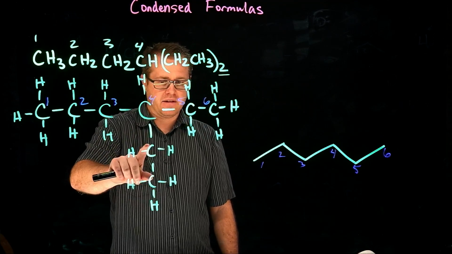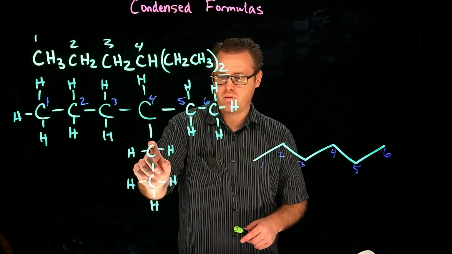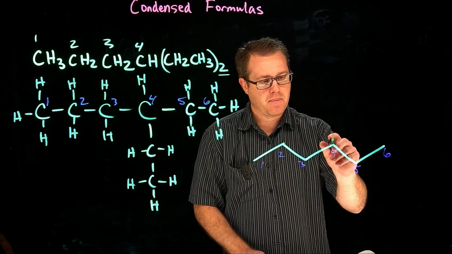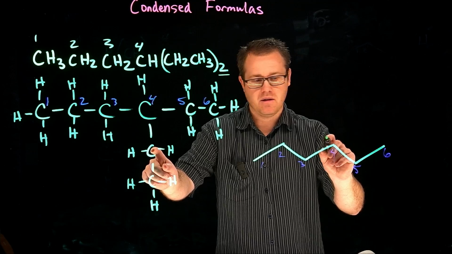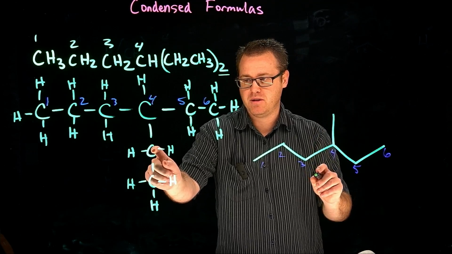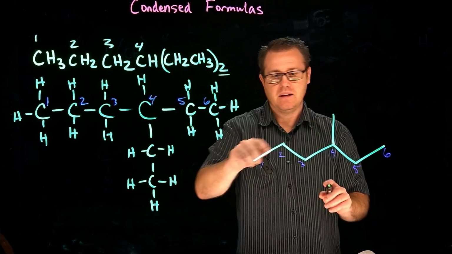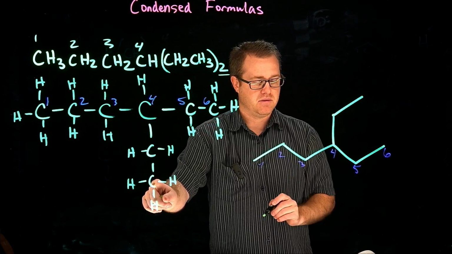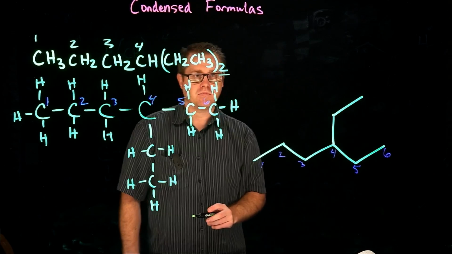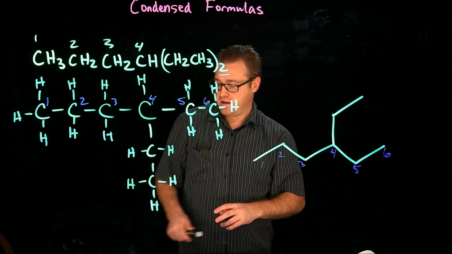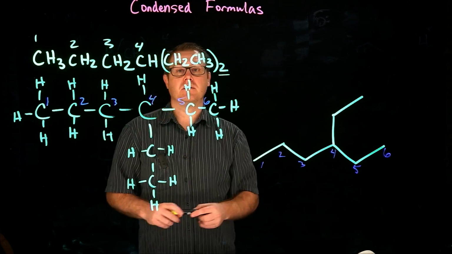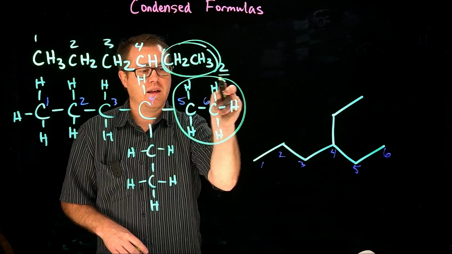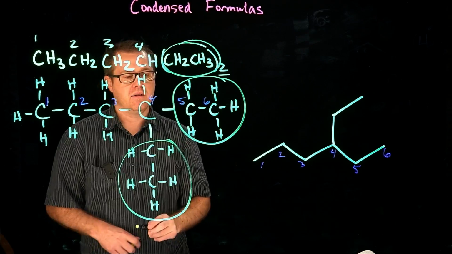And I haven't accounted for those 2 carbons. This carbon is directly attached to carbon 4. So I come over here and see, okay, that's carbon 4. How many carbons are there? There's this carbon, and that carbon is attached to a methyl. So I draw a methyl. If we label these things, those guys right there, and there.